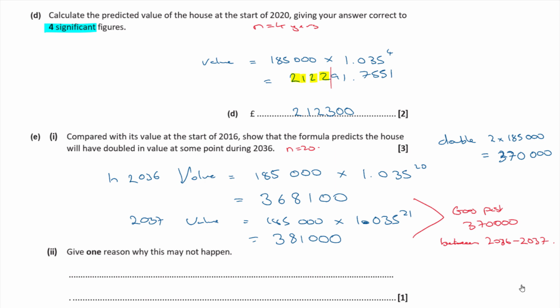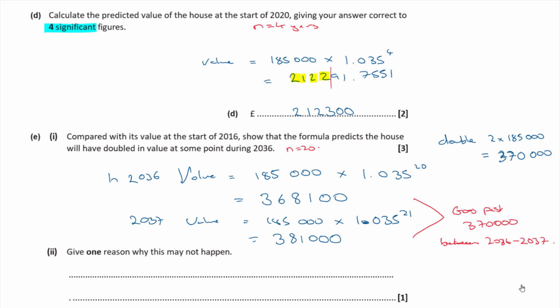Okay, give one reason why this may not happen. Well, it assumes that you get this interest rate of 3.5% constantly for nigh on 20 years, which may not happen because who knows what's going to happen next year, let alone in 20 years' time.